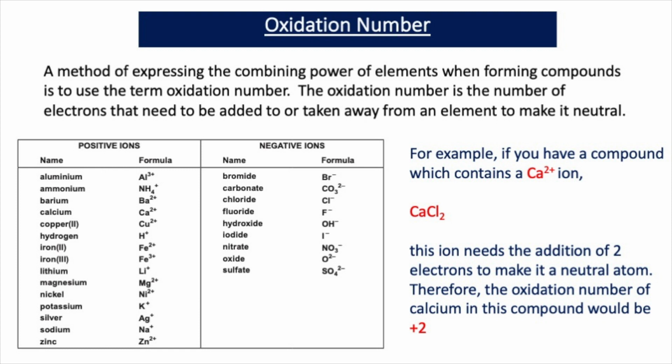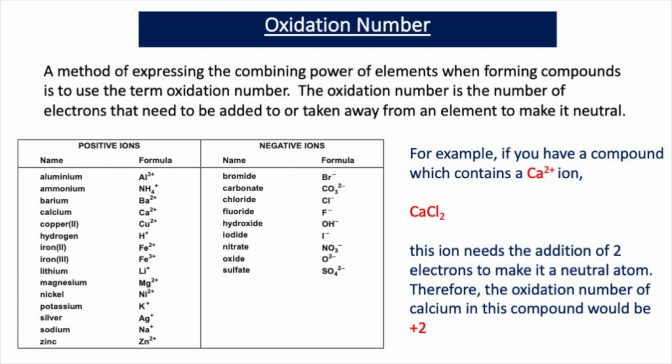Now, if we look at another example, the aluminium ion, which is Al3+. The oxidation number for aluminium is +3 because an Al3+ ion needs to gain 3 electrons to form the neutral aluminium atom.